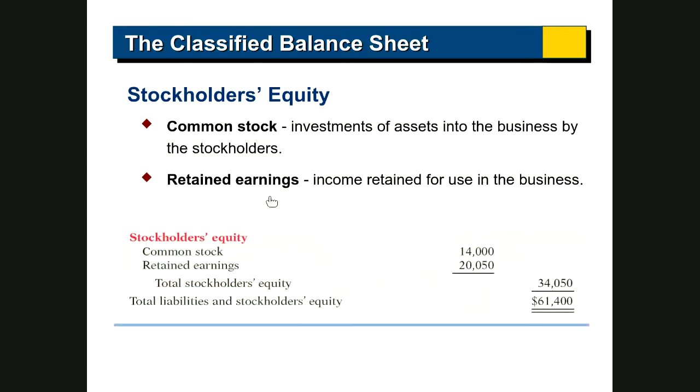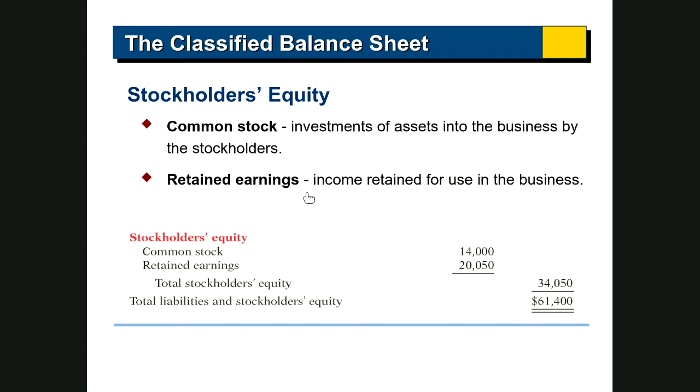And the last portion of the balance sheet is stockholders' equity, which is common stock and retained earnings. Common stock, you can understand as the stocks that are sold to the stockholders. Retained earnings, we have a whole statement. Remember, we have beginning retained earnings plus income or minus loss minus dividends, right?